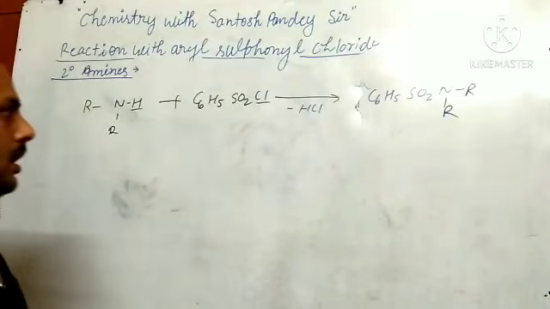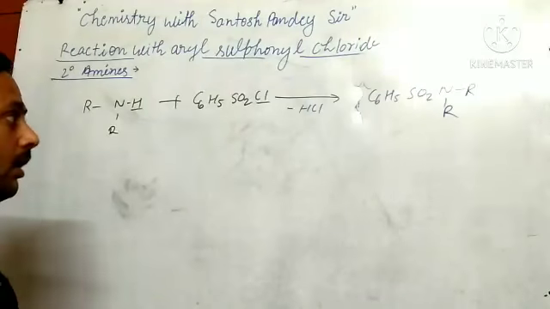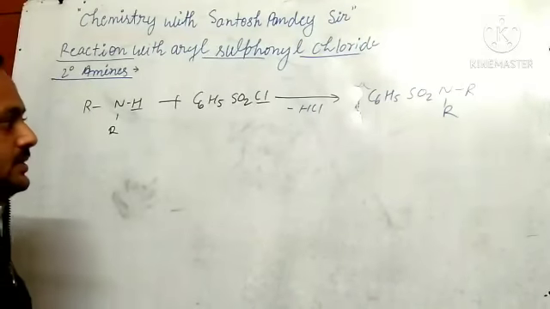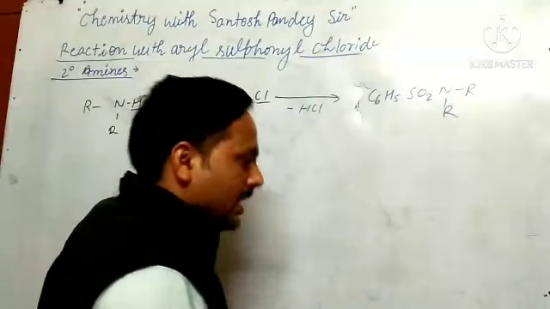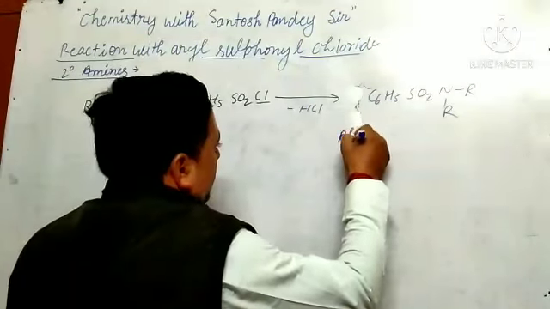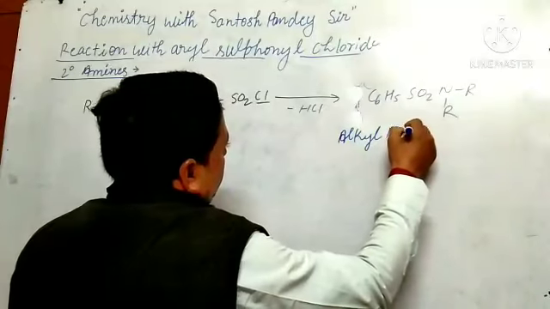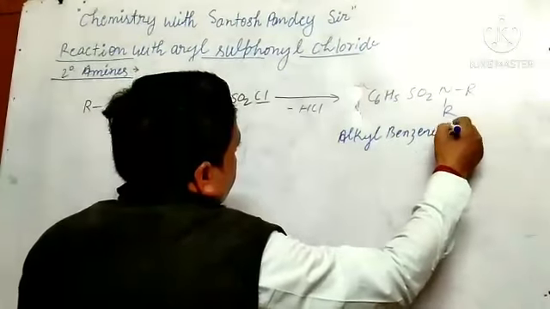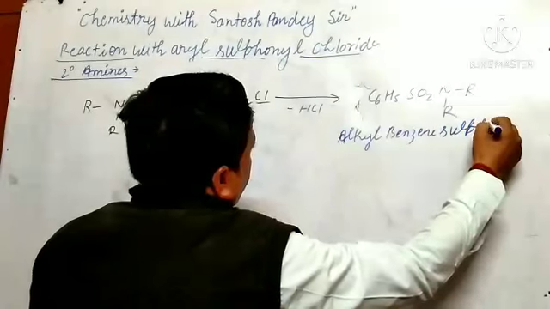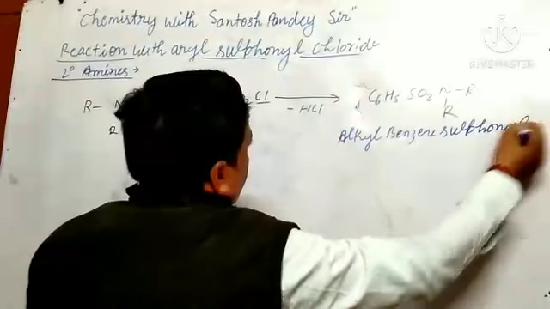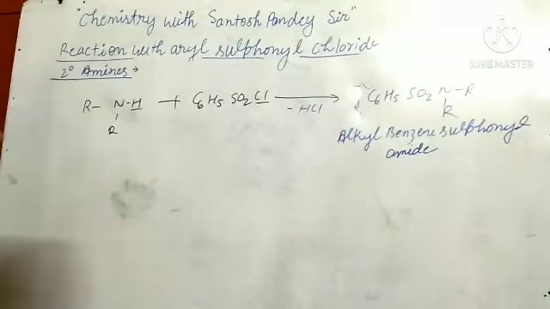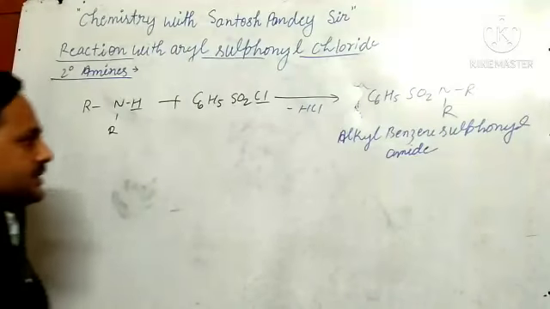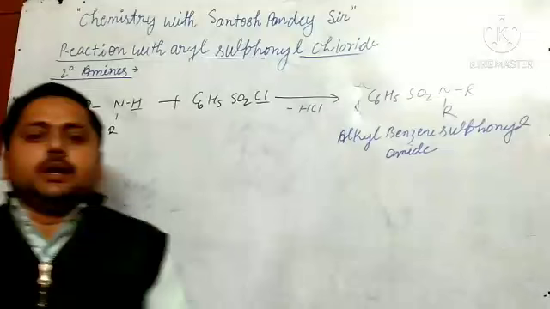What is this? Alkyl benzene sulfonyl amide, and we can also say sulfonamide. So this compound forms, students, and it is insoluble in alkalis.